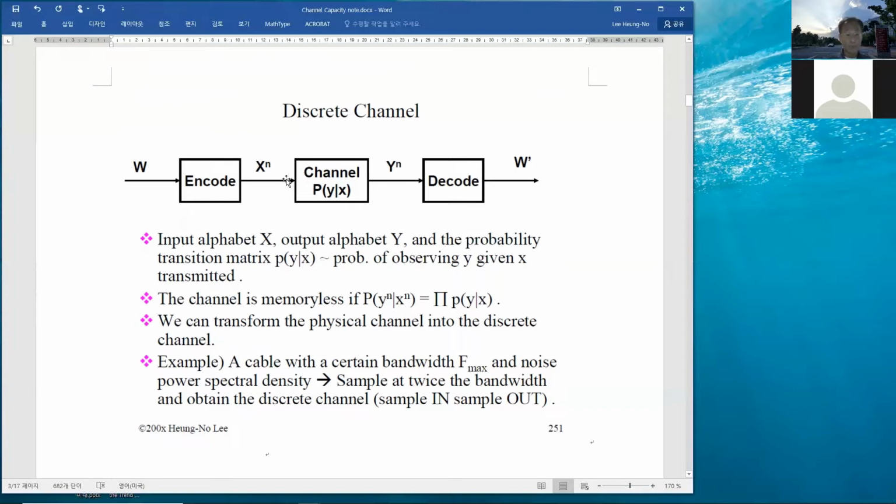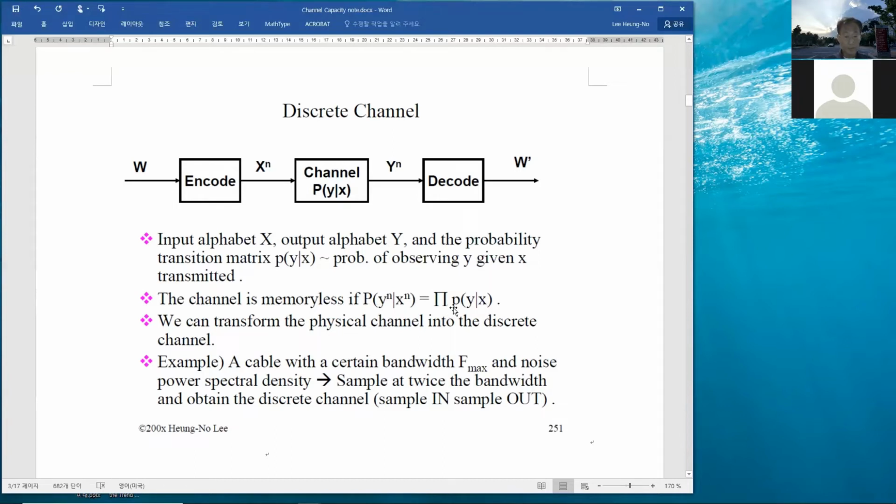When we use this channel to send a vector of length n, you have to use this channel n times. And if the channel is memoryless, then the probability distribution of the vector input and vector output is a product of each input-output probability distribution.